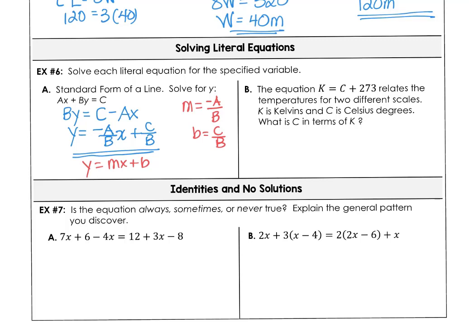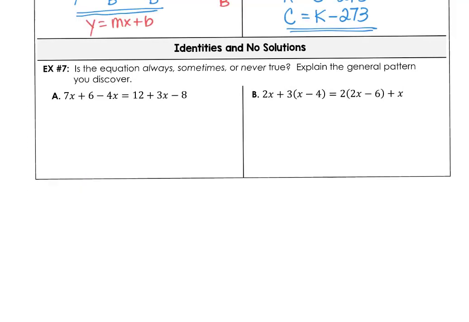And then the equation for Kelvin is a temperature scale. If Kelvin is Celsius plus 273 degrees, then we could say Celsius is Kelvin minus 273 degrees.